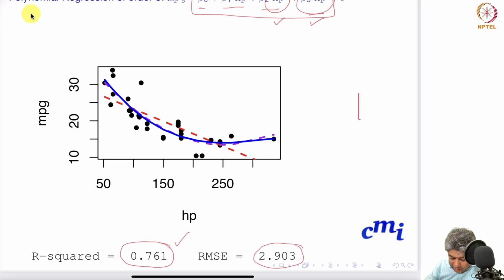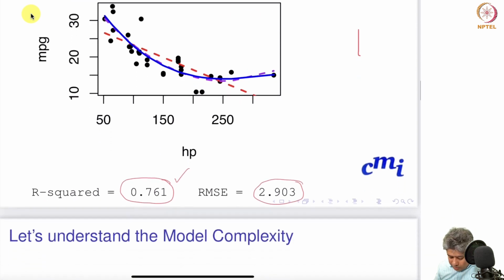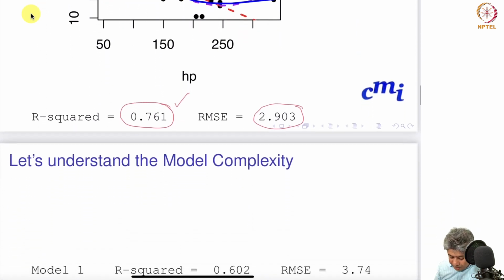By adding this new cubic term along with the quadratic, this blue color is now the main function, and the quadratic curve and the cubic curve almost look the same, so there is not much difference.